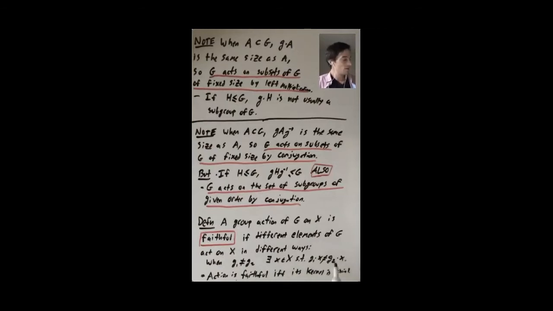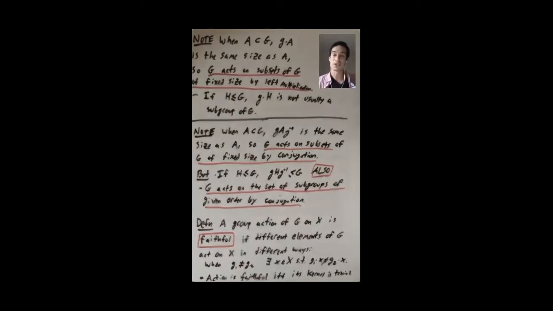So if you have g1x equal to g2x for all x, then using the property of group actions, you can take g1x and g2x, which will be the same, and you can act on the left by g2 inverse. So you'll see that g2 inverse times g1 is acting by the identity on your set X. So this is how to see that an action is faithful if and only if the kernel of that action is trivial.